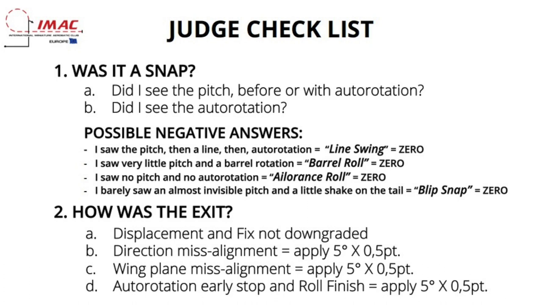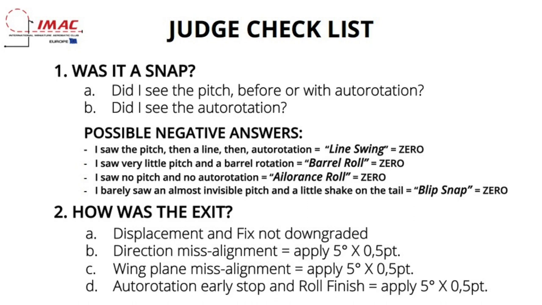Then you have to also look at the wing plane potential misalignment versus the plane where the wings should land according to the Aresti figure. And again, apply the same rule to assess a downgrade. Then you may also notice the fact that the pilot stops the auto rotation, or the auto rotation ends before the wings reach the right plane.